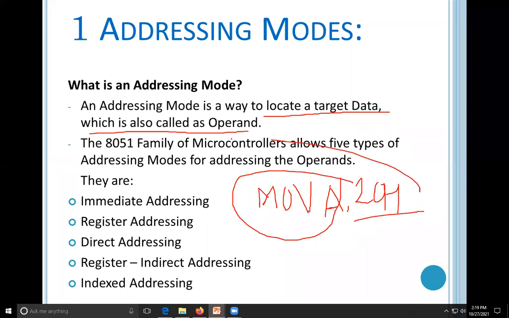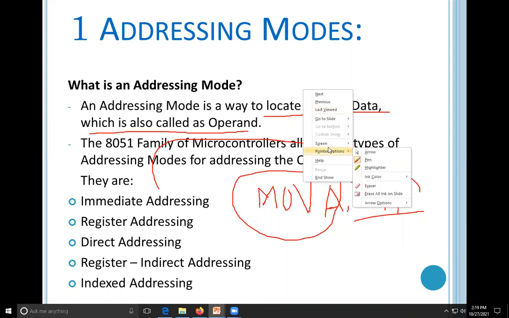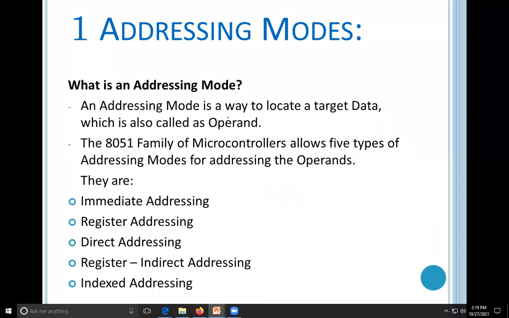What does operand mean? The operand is the data, where the data is placed, where you have to move it, or add it, whether in memory or in a register. Opcode means the function of that instruction, and operand means data.